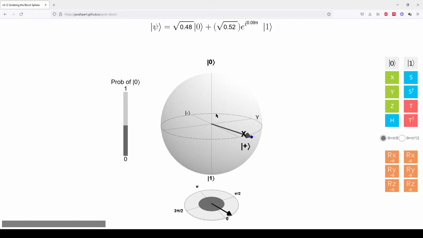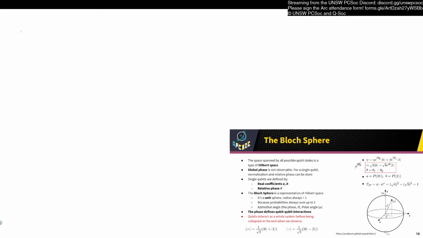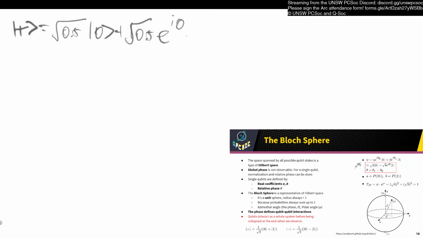Okay, now we're going to use some maths to show another form of the plus and minus state. The plus state is equal to root 0.5 state 0 plus root 0.5 e to the i0 state 1.